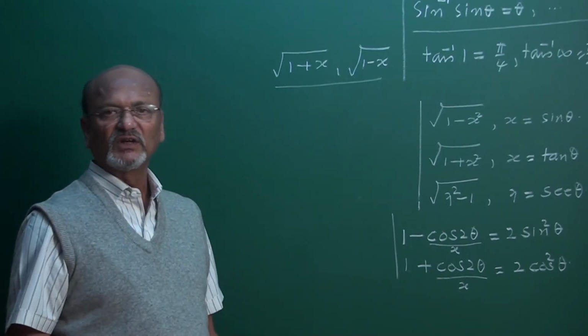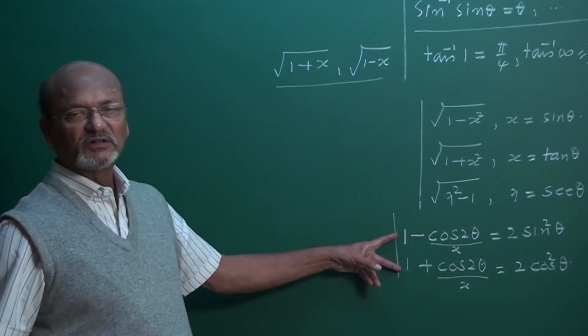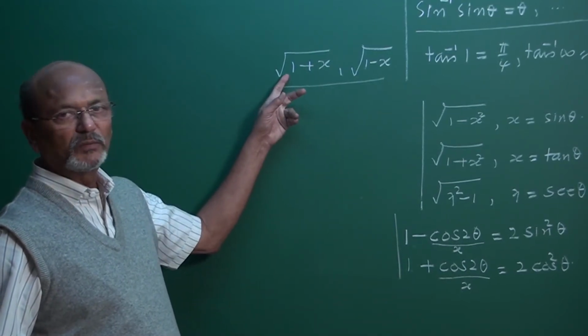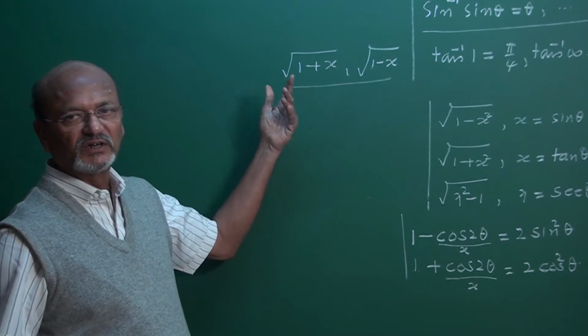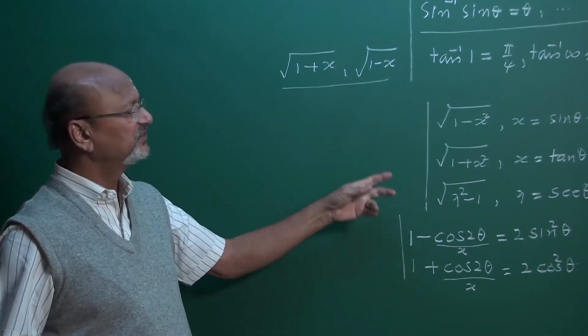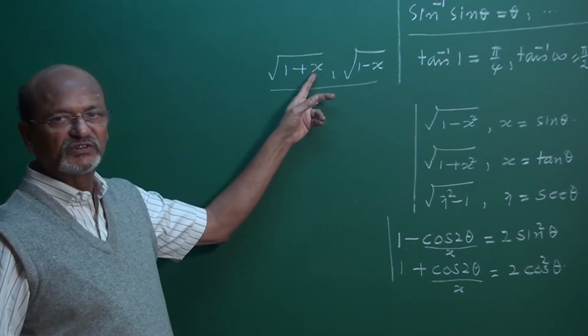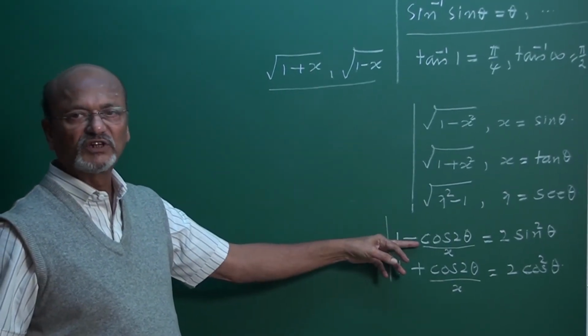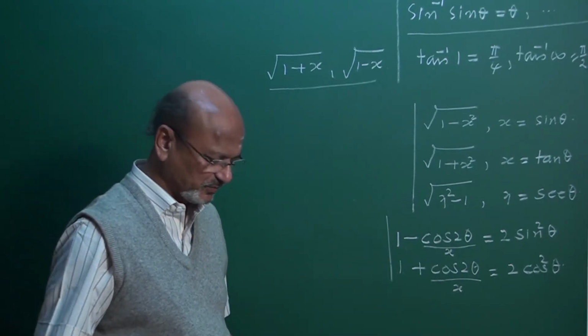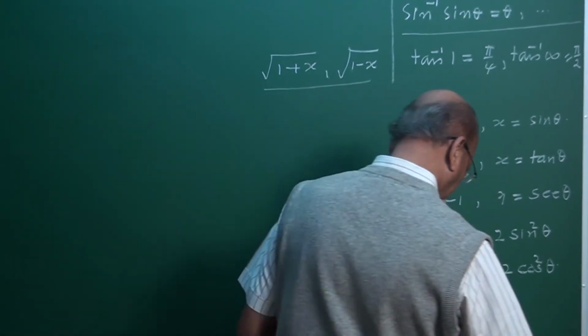Yes, my friends. If you know these two formulae, if the expression contains root 1 plus x, root 1 minus x, naturally you yourself tell what? The value of x is either cos theta, otherwise cos 2 theta, as we know these two formulas. Yes, my friends.